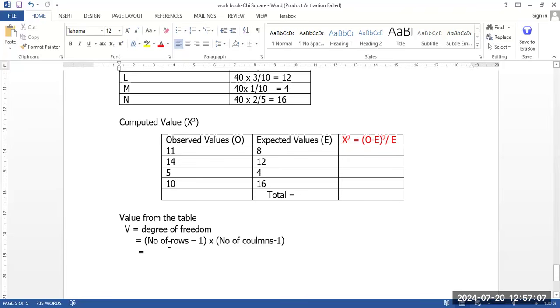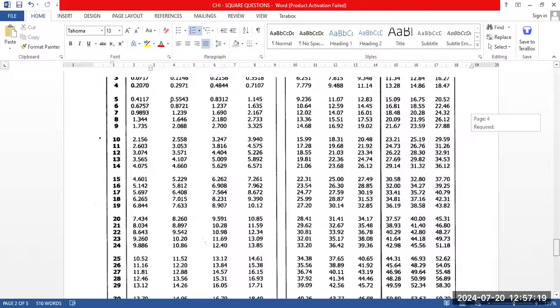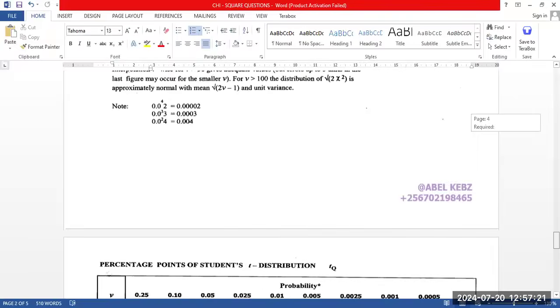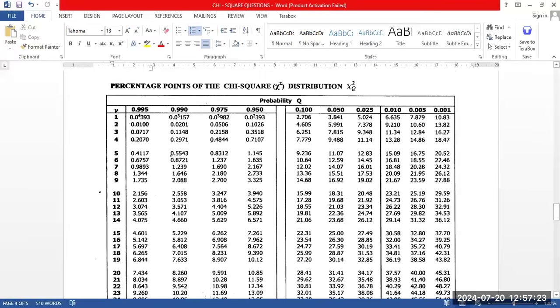But on our chi-square table, we don't have V as 0. It should be either 1 or above.